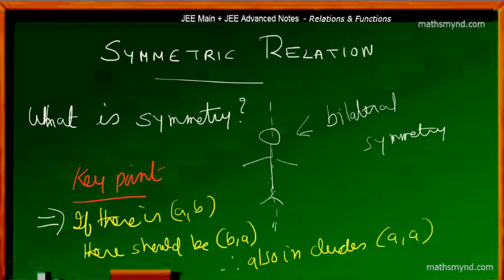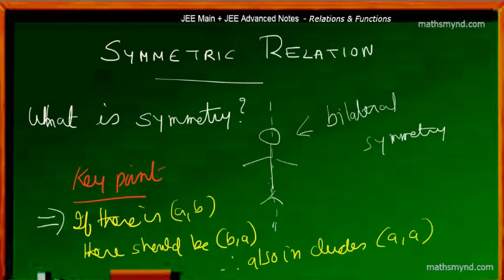To take an example, humans are said to be bilaterally symmetric, and as you can see, if the human body is vertically divided into two halves, it's as if one half is reflected on the other.